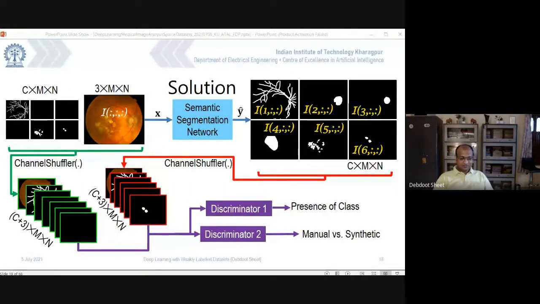Discriminator 2's job is that if I give it a combined feed of the original input as well as the segmented output, can it compare on a case by case basis and say which of them is original and which is synthetic, an outcome of the semantic segmentation network.